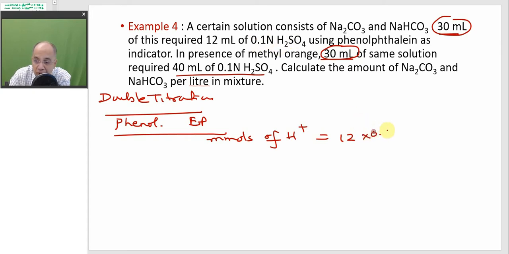So into 0.1 divided by 2 is the molarity, into 2, because H2SO4 has 2 moles of H plus ion per mole of sulfuric acid. So 2 get cancelled. So remember, if you are dealing with sulfuric acid, then V1N1 is the number of moles of H plus ion. Number of moles of H plus ion is same as the number of equivalents of H plus ion.